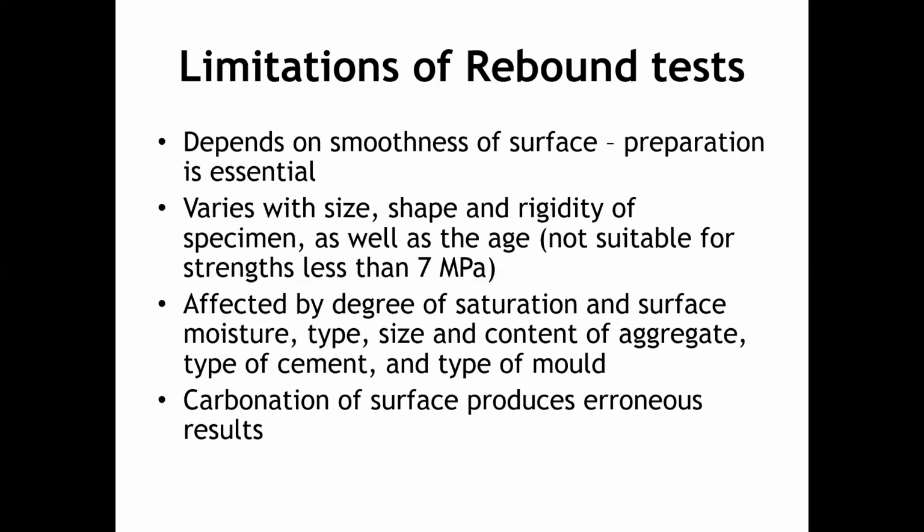The last but not the least, a concrete structure which is already in service, if the concrete cover would have got carbonated for many reasons, because there is no protective coating on it, and the carbon dioxide gets diffused into the cover concrete, and the carbonation takes place. Once the carbonation takes place, the pH value of the concrete gets reduced.